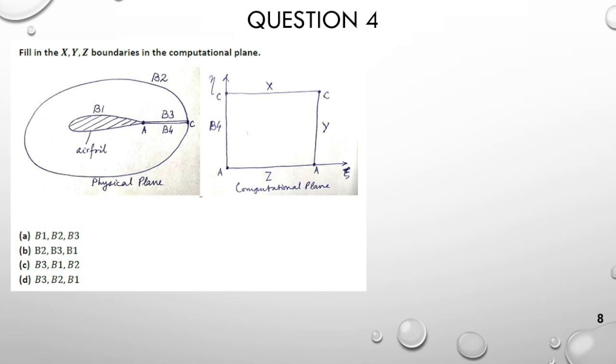So this fourth question is mainly based on your body fitted grid generation, wherein you had two different domains. When you have a simply connected domain, a doubly connected domain, and then you have multiply connected domains. Okay, so this is one particular example of a doubly connected domain.